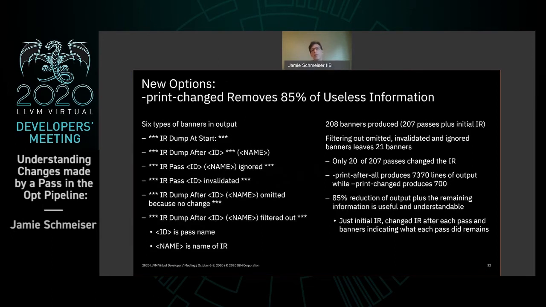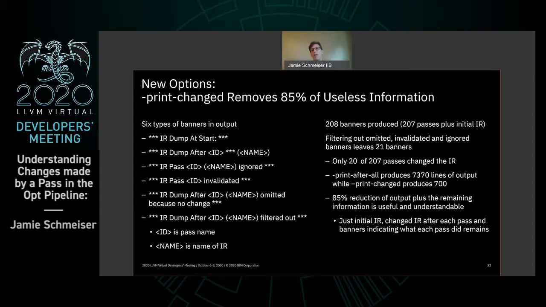There are 6 different types of banners. Each of these banners begins with 3 stars, followed by IR in capital letters to allow for easy searching and recognition of the banners. The first banner indicates the initial IR. The other 5 banners all indicate the name of the pass and the name of the section of IR that was being acted upon.